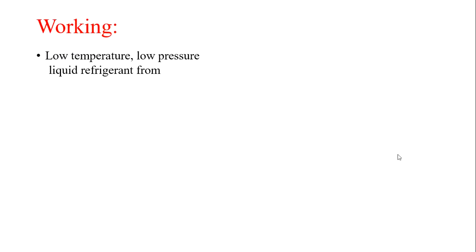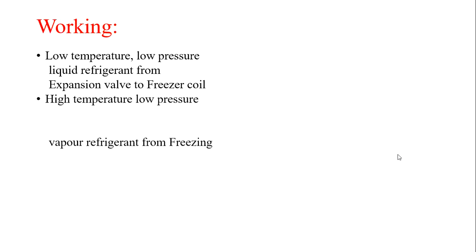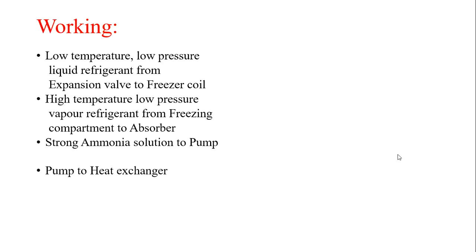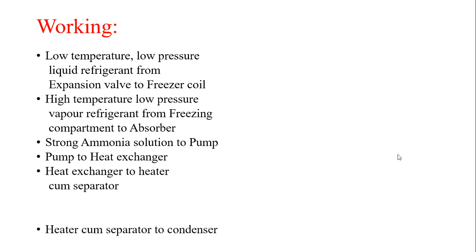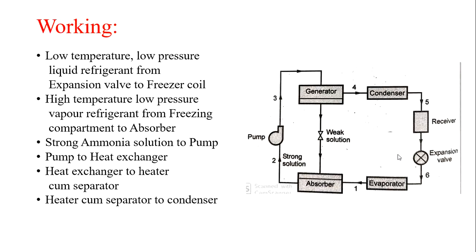Let us look into working of vapor absorption refrigeration system. Figure shows vapor absorption refrigeration system. We can explain the working of this system from the expansion valve. Here in this refrigeration system, we use ammonia as refrigerant.